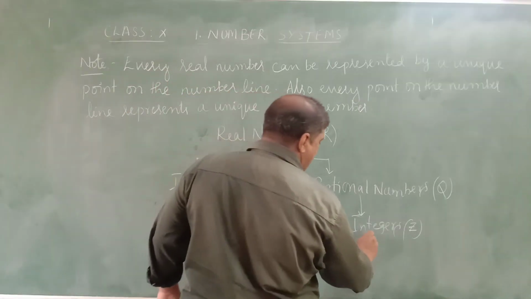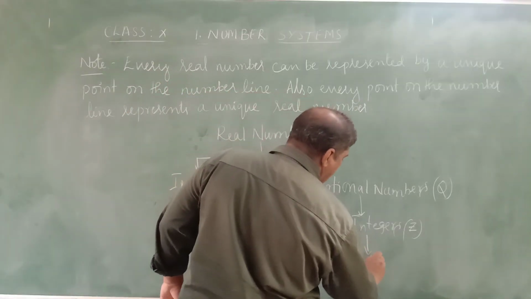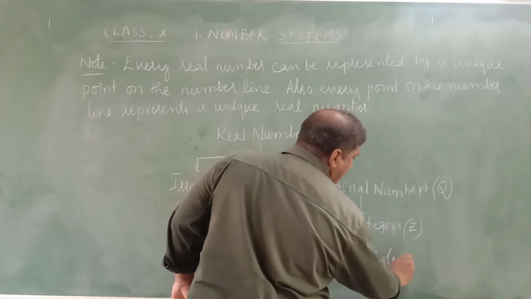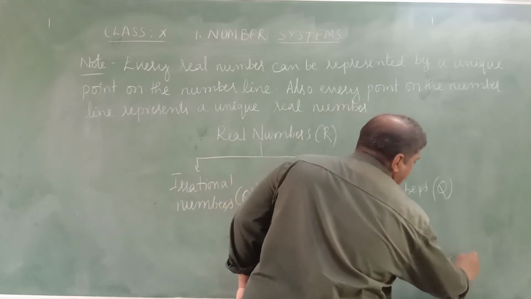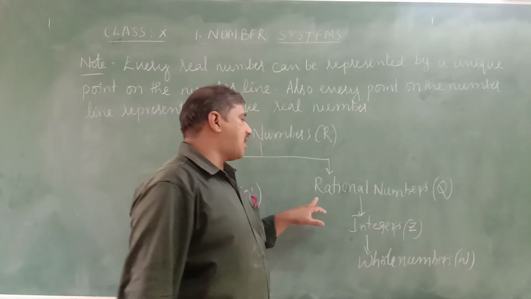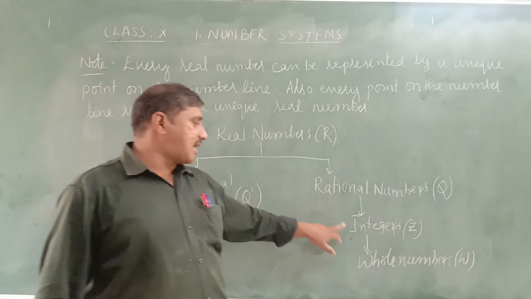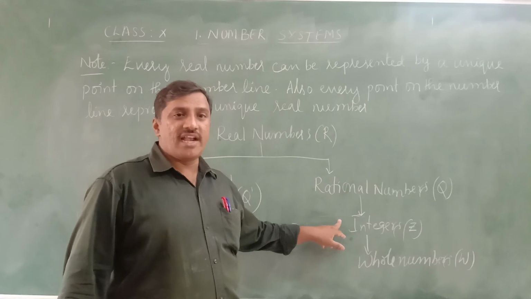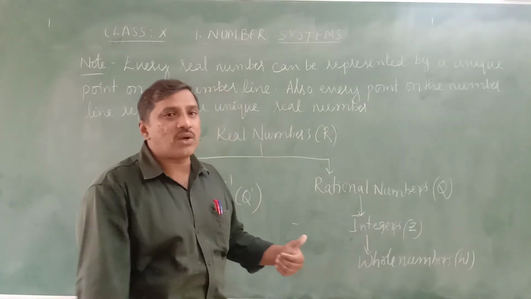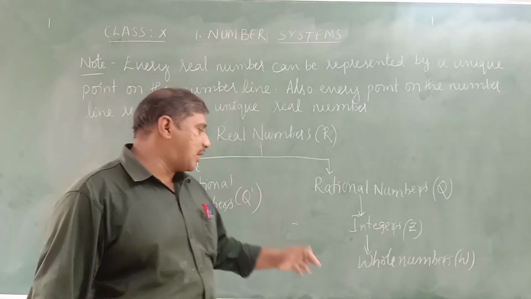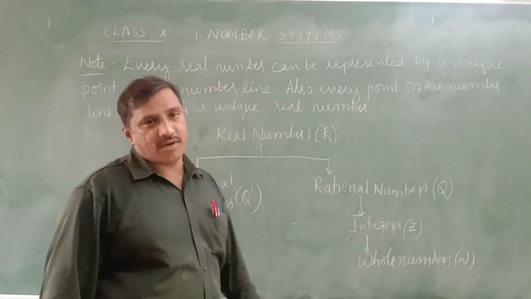Now after integers we have whole numbers. Whole numbers are represented by the letter W. Every whole number is an integer, but every integer is not a whole number, because integers contain negative numbers also, and those negative numbers are not present in whole numbers.